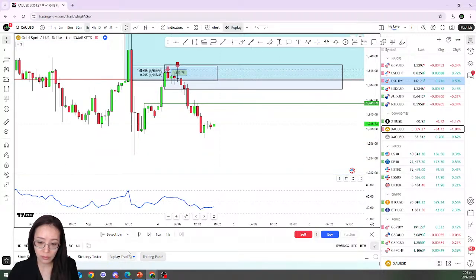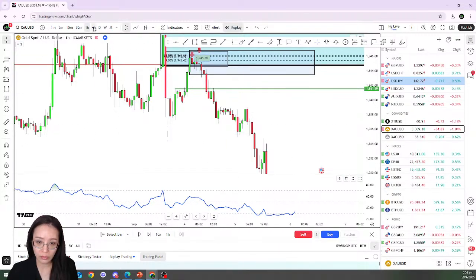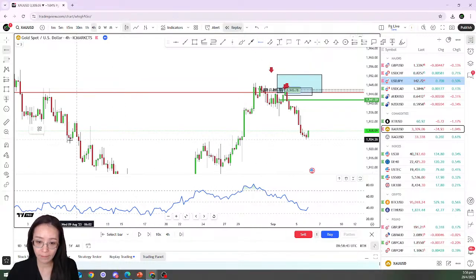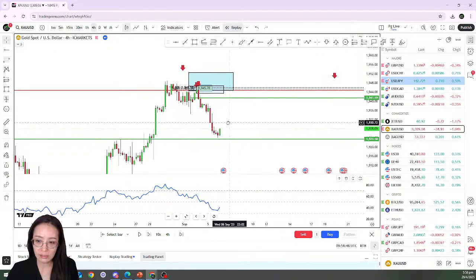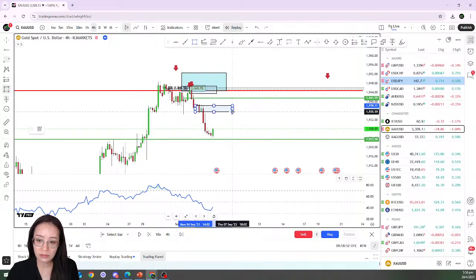Let me pull and see. Okay, price goes all the way down and up here to the support level and rising. So now based on the H4 time frame, if you want to sell, this is your zone.